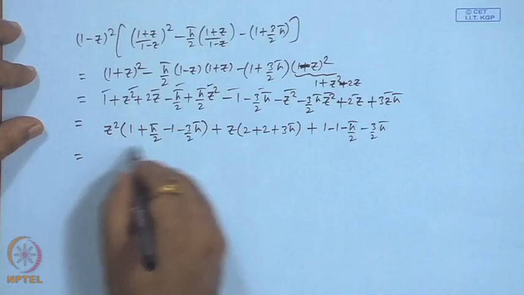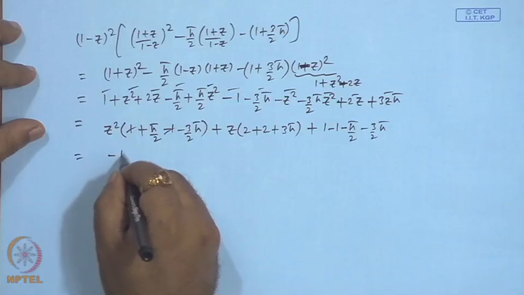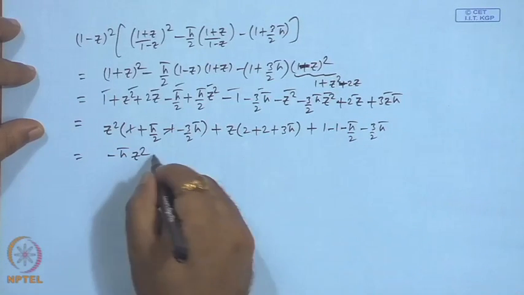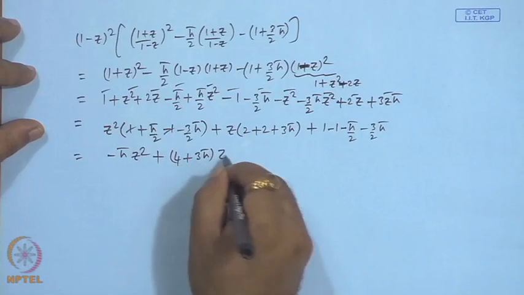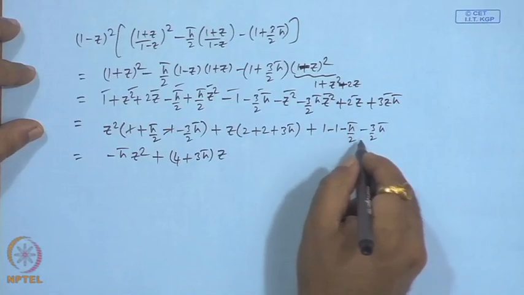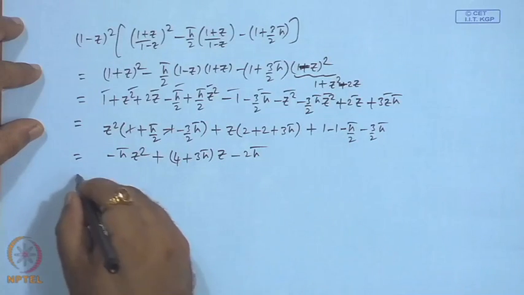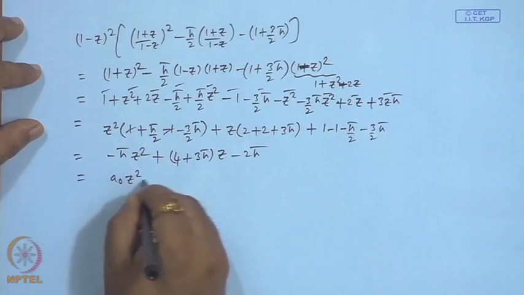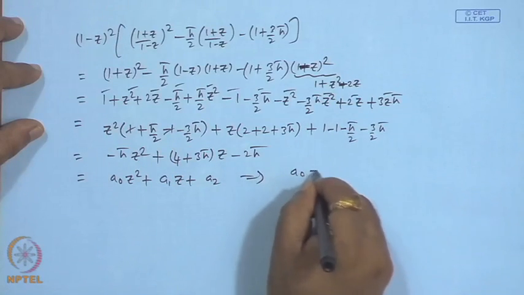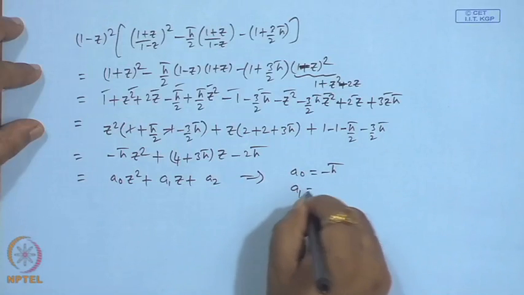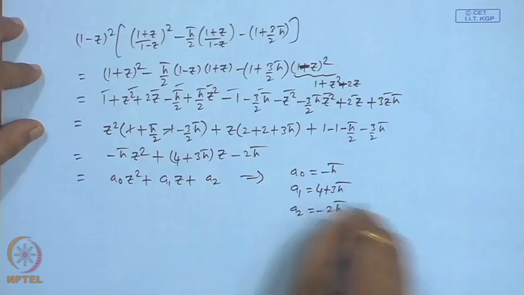So, this is minus h bar z square plus 4 plus 3 h bar z. This is minus 2 h. So, this is a 0 z square, okay.